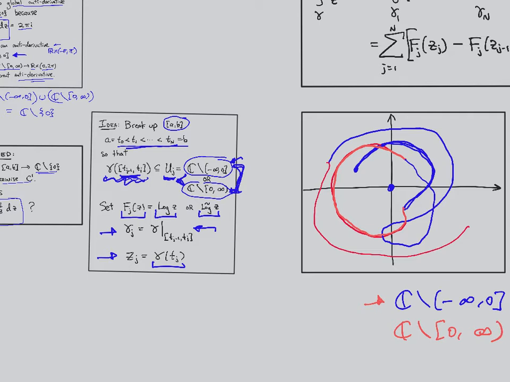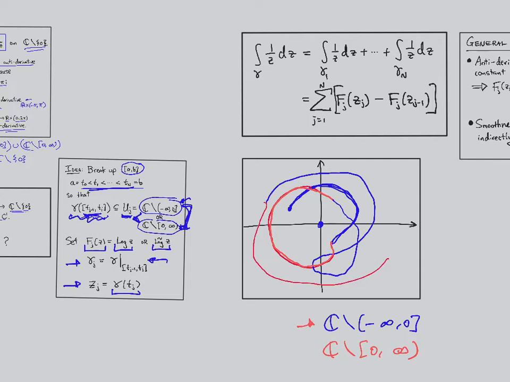So now that we've broken it up, we have antiderivatives on each of these small pieces of the curve. Then I can, in some sense, compute the integral of 1 over z over gamma, because I can break it up into these pieces, gamma 1 through gamma n.